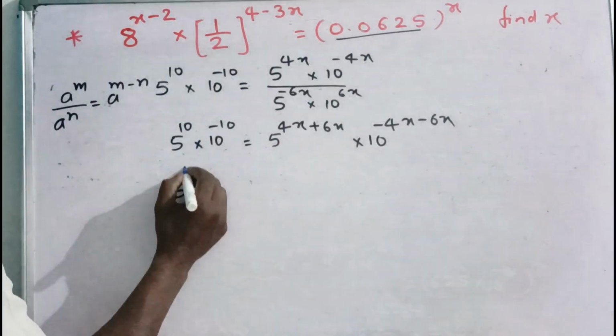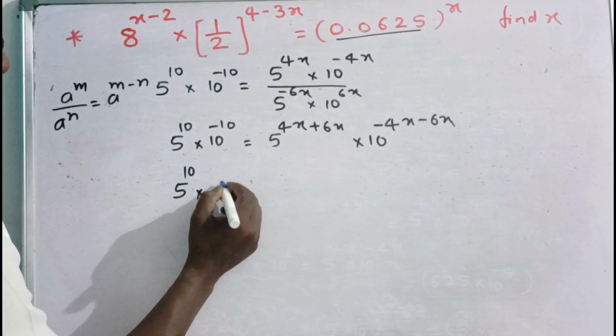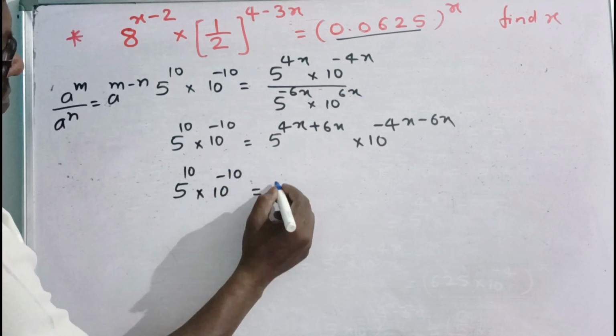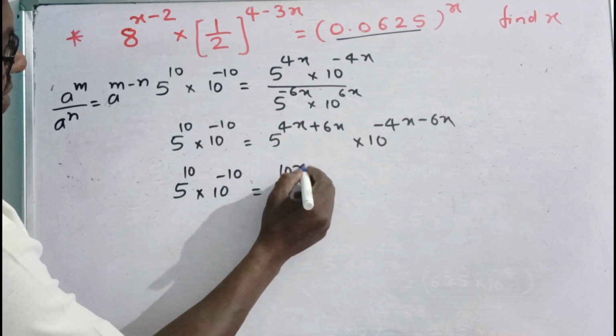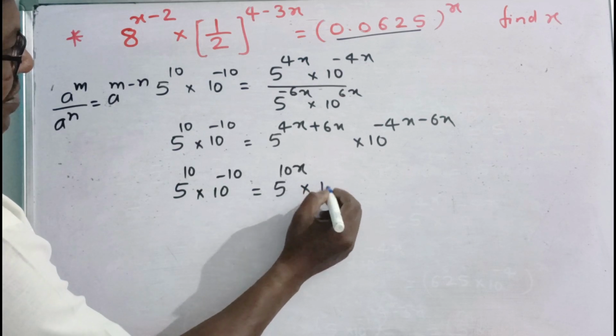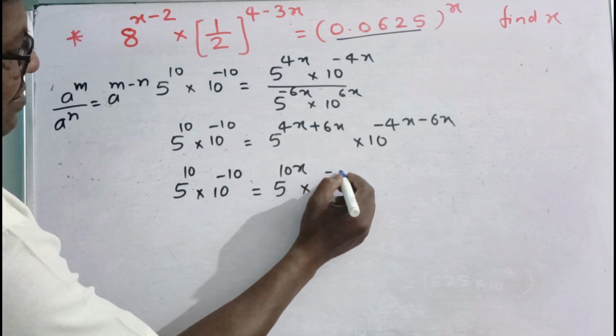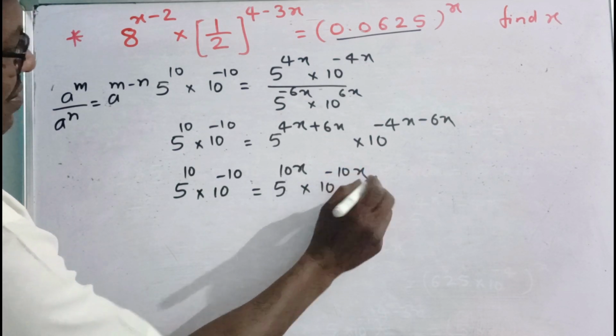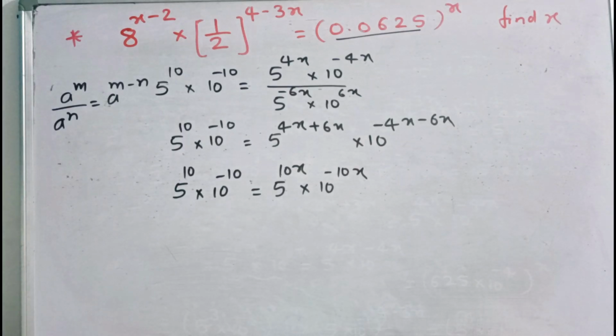5 raised to the power 10 into 10 raised to the power minus 10 is equal to 5 raised to the power 10x into 10 raised to the power minus 10x.